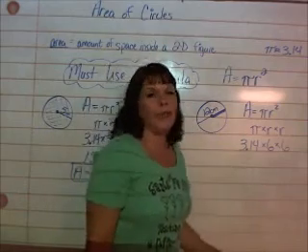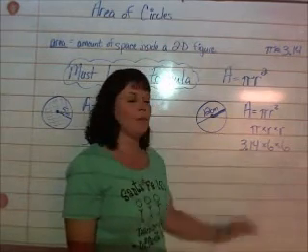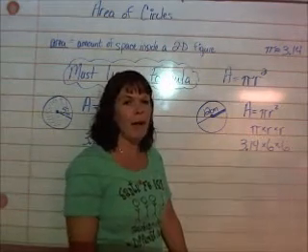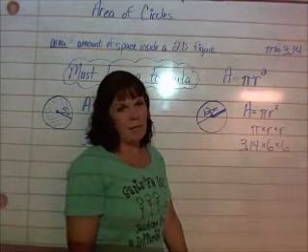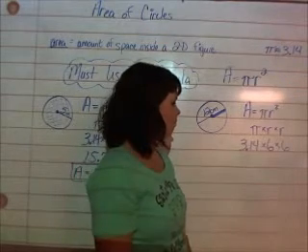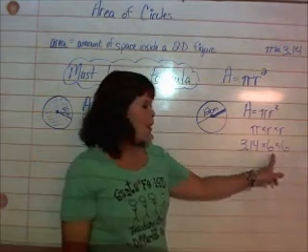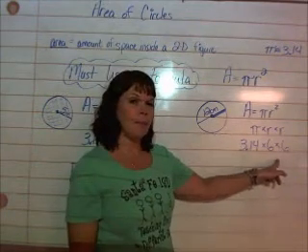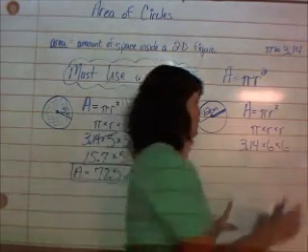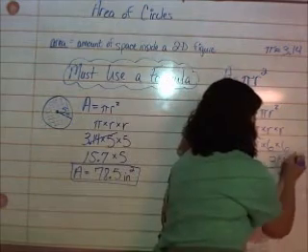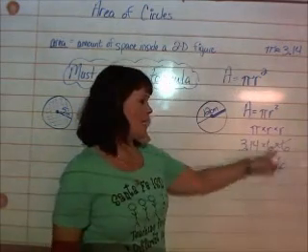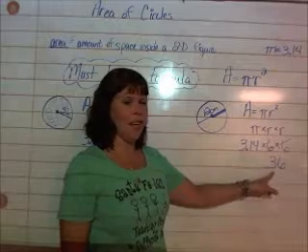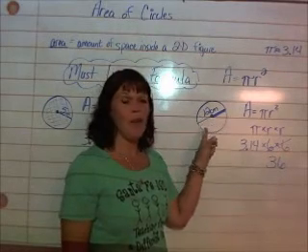Now, I know what you're thinking. Why not just plug in a D for diameter, right? Well, you can't. And here's why. This says times. Well, what is 6 times 6? 6 times 6 is 36. If you plugged in a D, which is your diameter, you would have written 12.